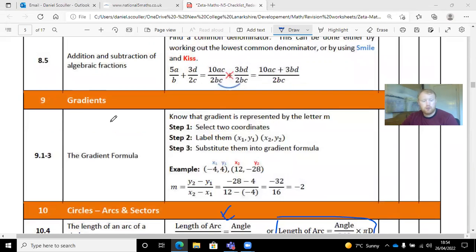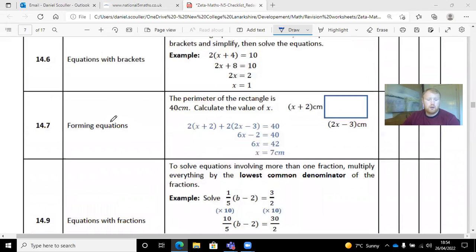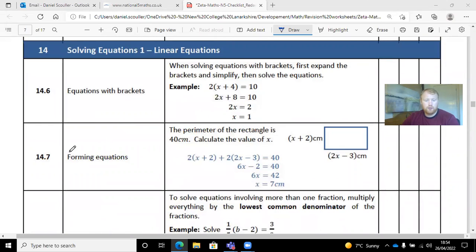What section is 14.7? So this type of thing, forming equations, where we're usually given a shape like this, and we get asked to work out what the missing letter is or something along those lines. So it's about what we understand from that and how to approach that.